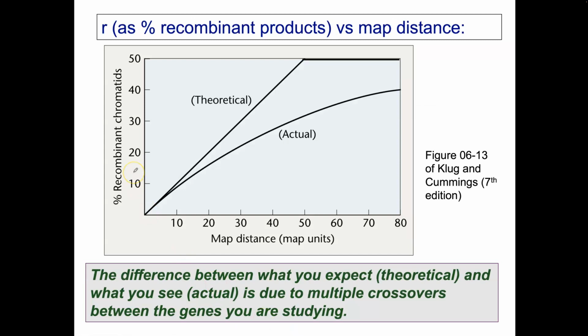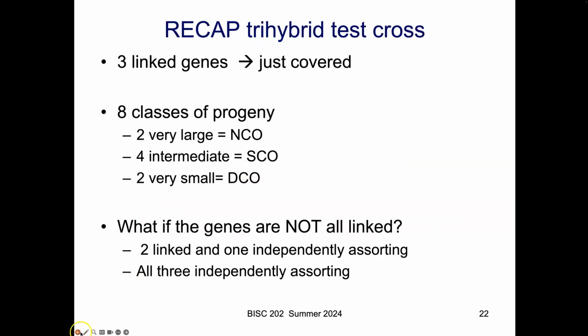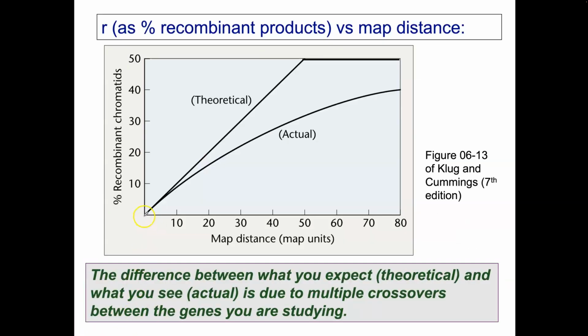And this is just in theory. In theory, for any two genes, we should see a linear relationship between the crossovers that we can observe and the map distances.